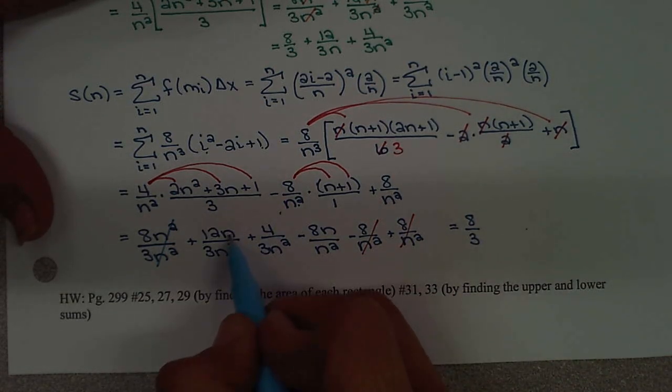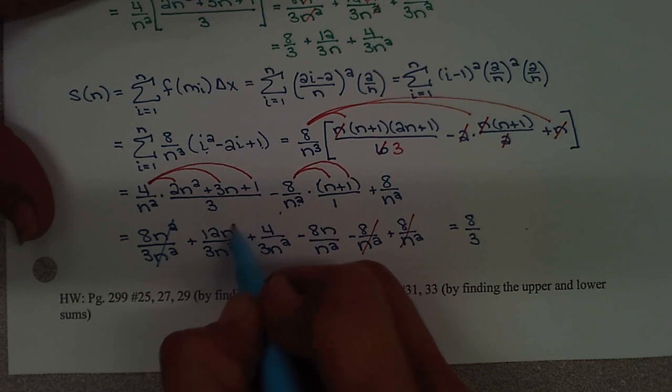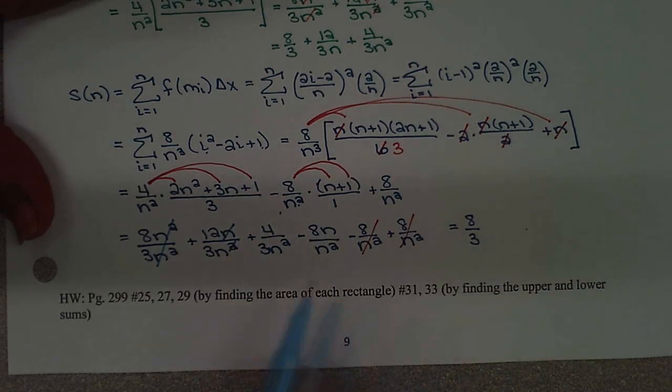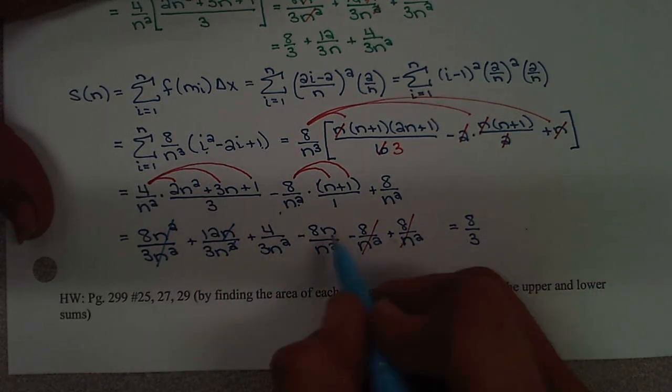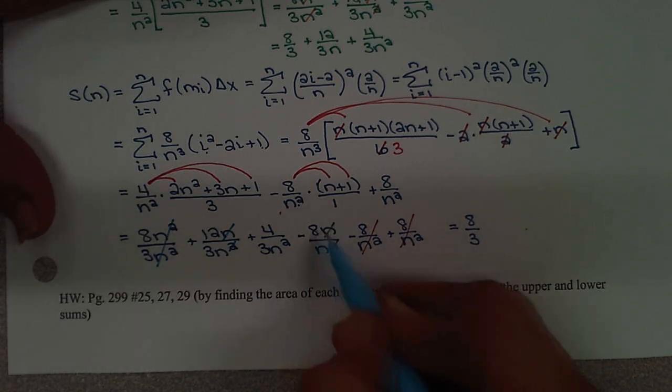Then here, this n and one of these n squareds are going to cancel. Here I've got 12 over 3n. I'm going to cancel an n here to make that 8 over n.